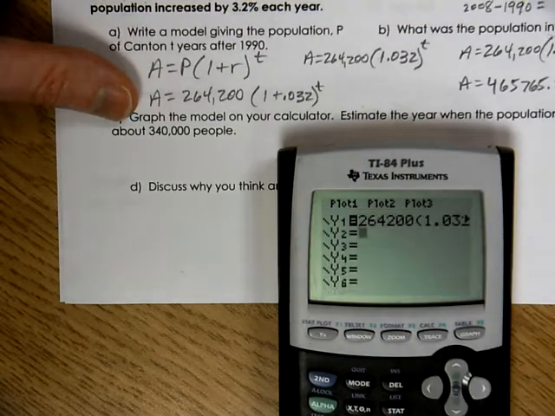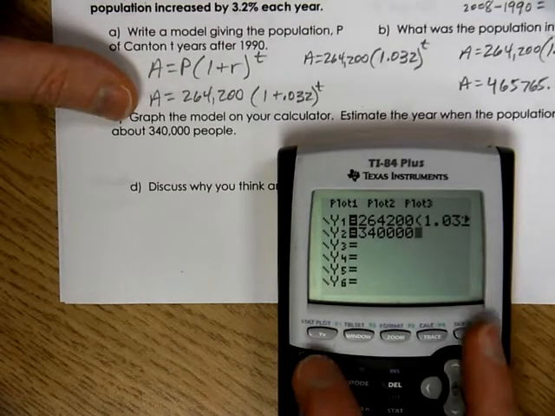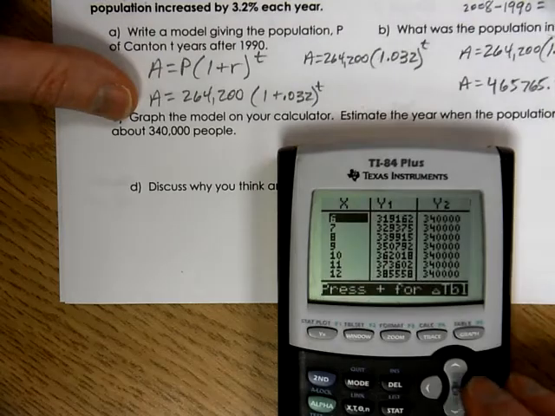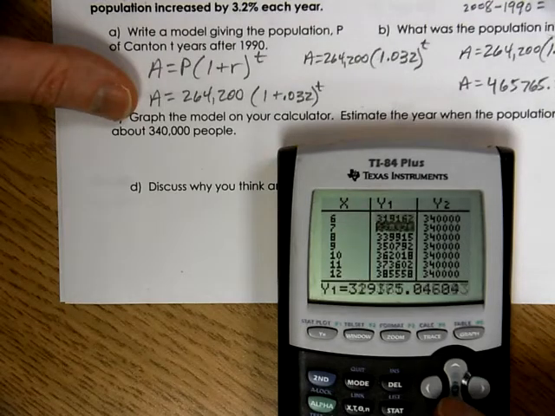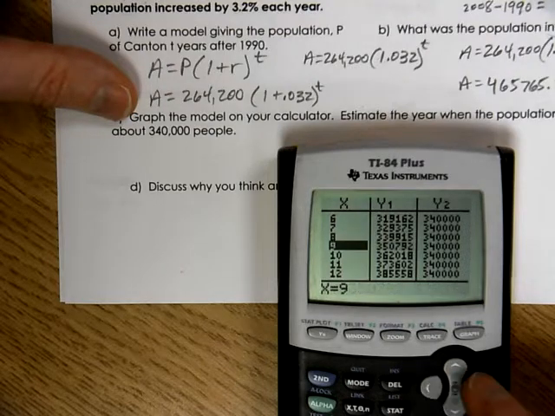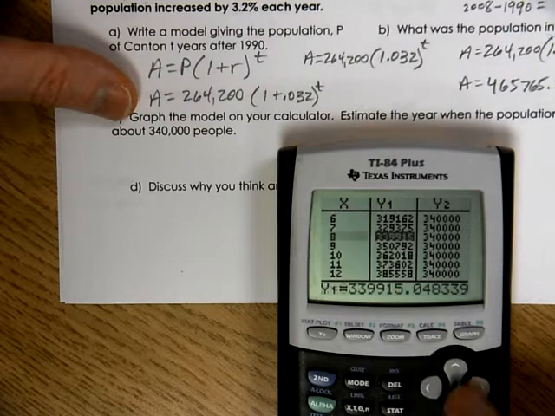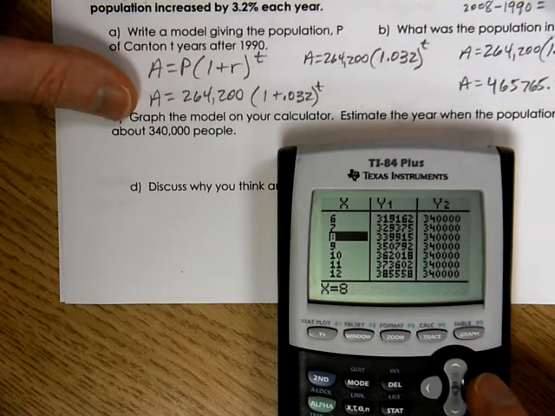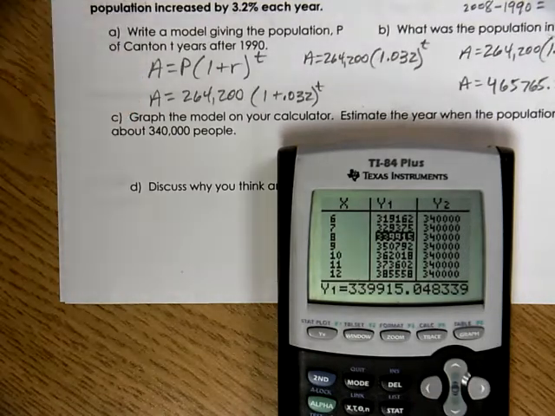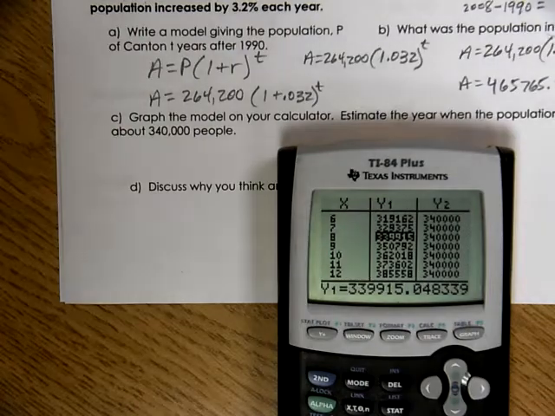And we want to know, when is this going to cross 340,000? So we can look at our table, and we can see that we're going to be closest right around here, 8, very close to 8. So we're going to be up near our 340,000 after 8 years.